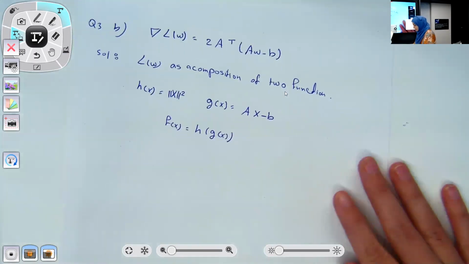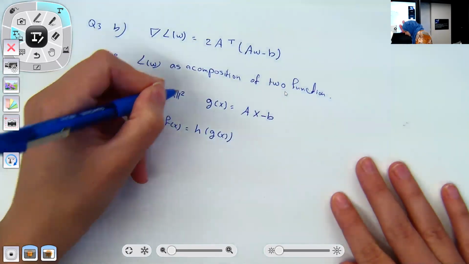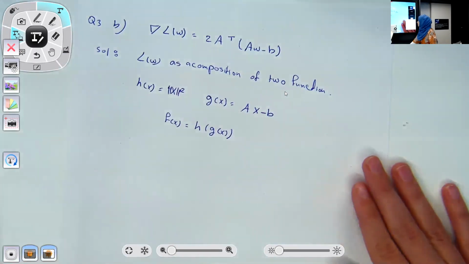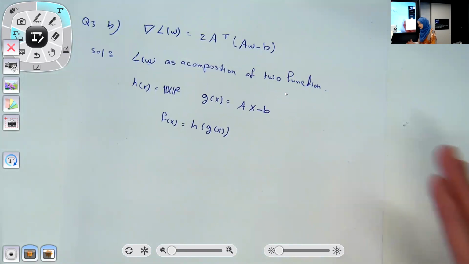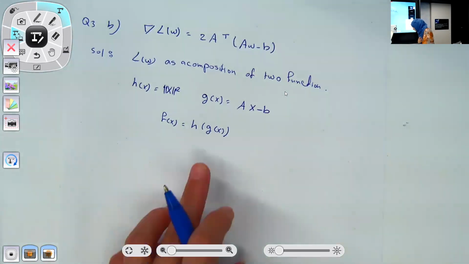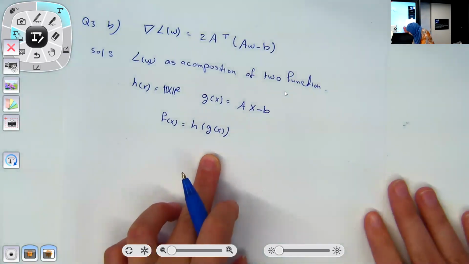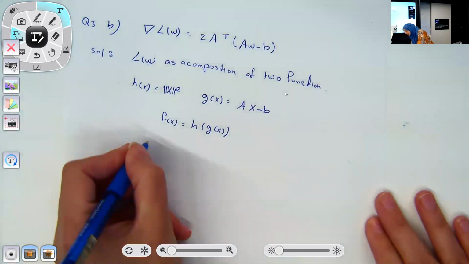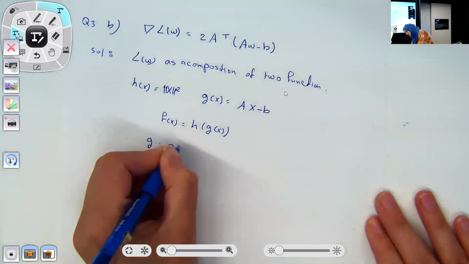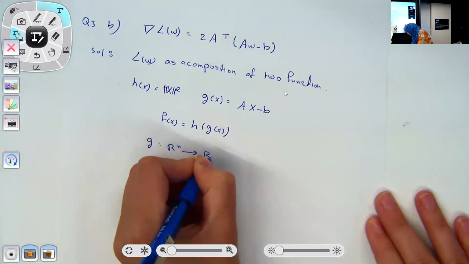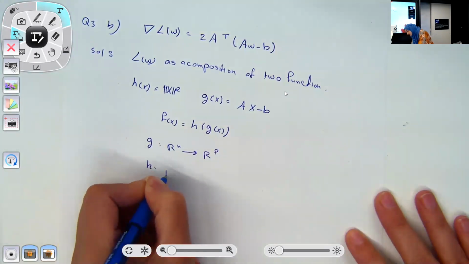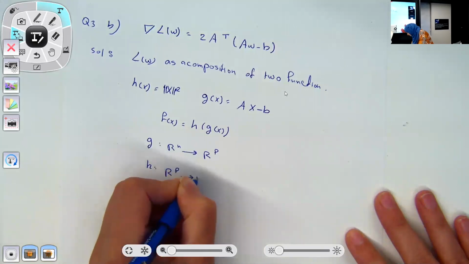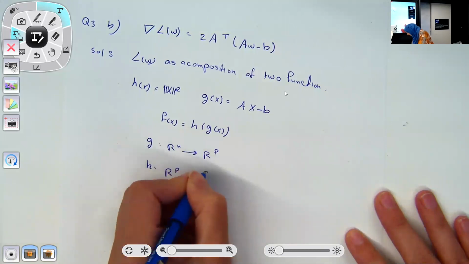Okay. Suppose that there are two functions, because it's easier for us to find the derivative if we can write it as a composition of two functions. Suppose that g is a function from Rn to Rp, and h is a function from Rp to Rq.